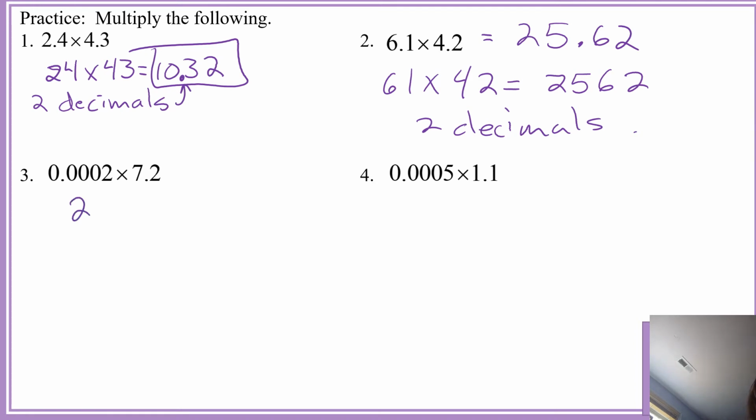Here I have 2 times 72, which I can do in my head. That's 144. But notice I have 1, 2, 3, 4, 5 decimal places. To get 5, I have to have 2 more zeros. Oh, that's a terrible zero.